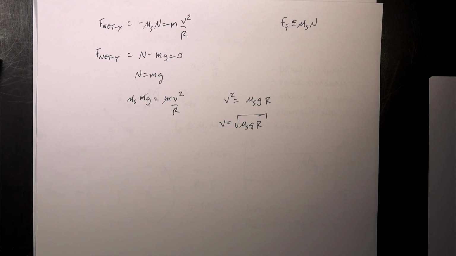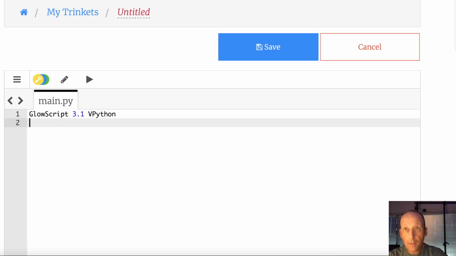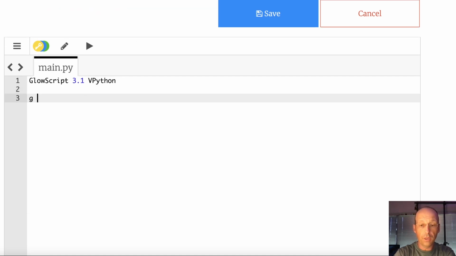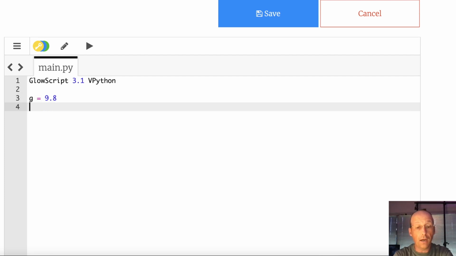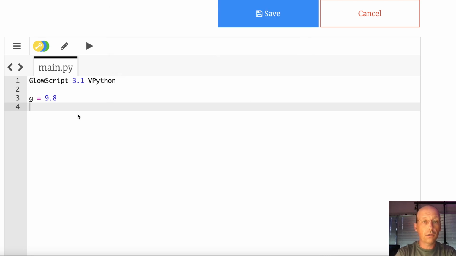Okay, so I'm going to go back over here to the computer. I'm going to switch to Python because I like to use Python as a calculator. You don't have to. And then I forgot to talk about something. Which mu should we use? So let's just do both. G equals 9.8. That's the magnitude of the gravitational field. R equals 112 over 2. That was my diameter divided by 2.